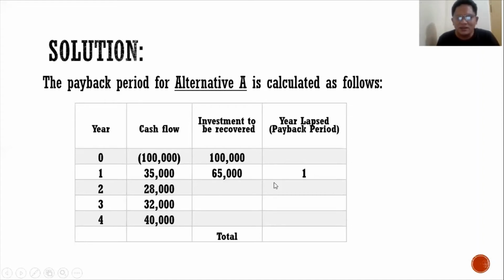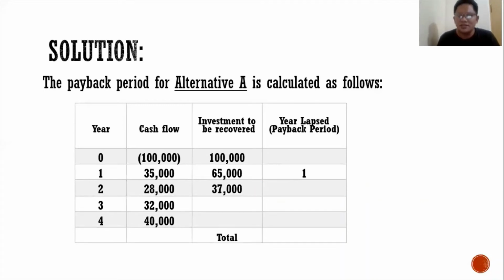The following year, we do the same thing. For year 2, our investment to be recovered is your previous balance of 65,000 minus this year's cash flow of 28,000. So your year 2 investment to be recovered is 37,000.